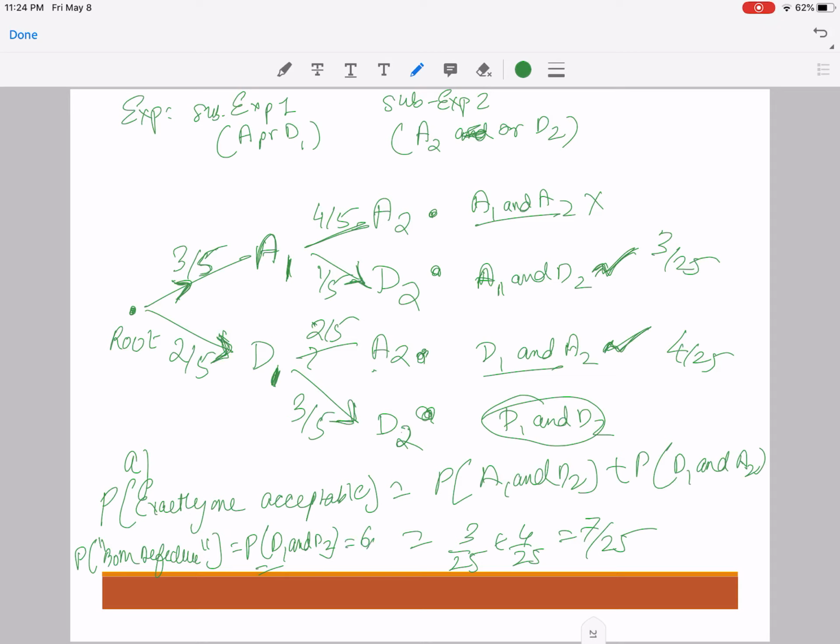So that probability is 6/25. All right. Now let me ask you this question. Using this tree diagram, tell me what is the probability that at least one photodetector is acceptable? You can give me this answer during my WebEx office hours.